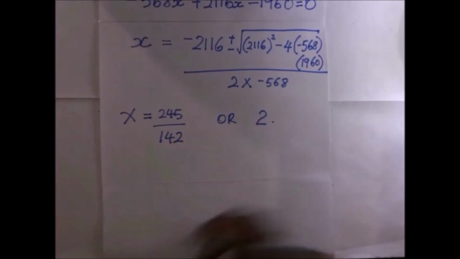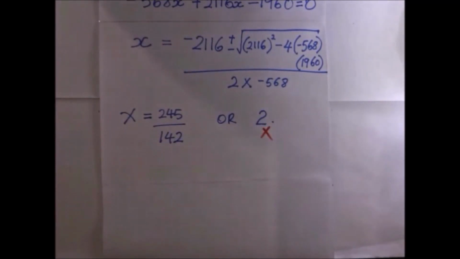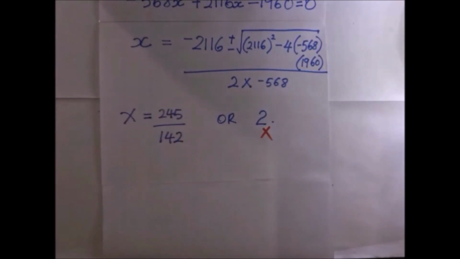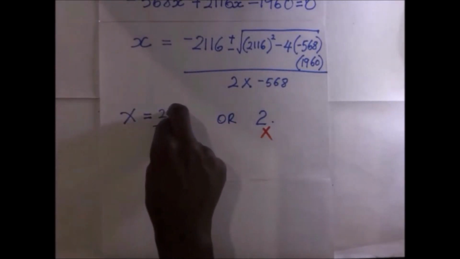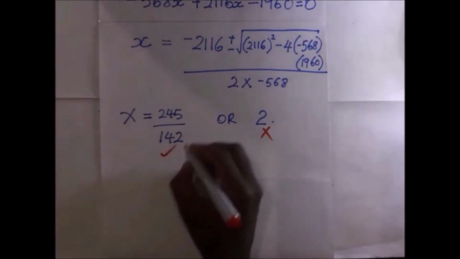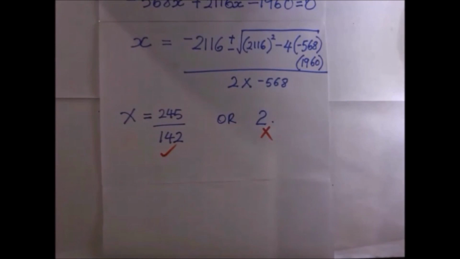So this is not a solution. But when we test by putting in 245 over 142, this value of x is going to be consistent with our equation. So this is correct, and our value of x there is 245 over 142.